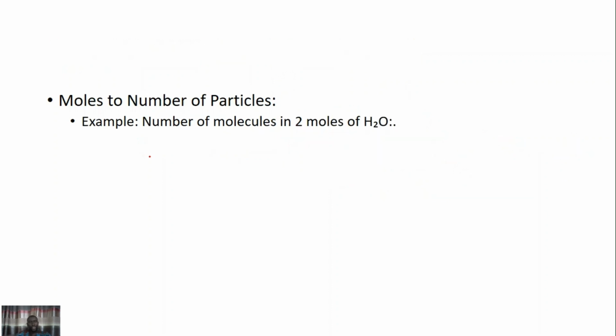Another calculation in which you can use mole is when you want to calculate the number of particles contained in a quantity of a substance. The relationship is: number of particles, be it atoms or molecules, is equal to the mole of that substance times 6.022 times 10 raised to power 23, which I call the Avogadro's constant the other time.